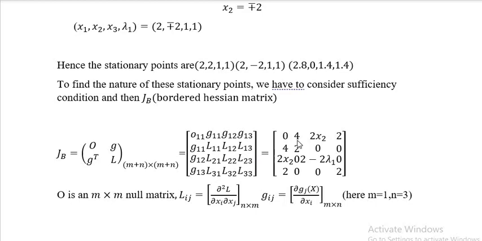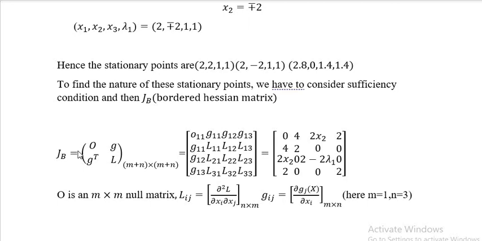O is an m by m null matrix, Lij equal to dou square L by dou xi dou xj and its order is n by n, and Gij equal to dou gi of x by dou xj, of order m by n. In the given problem, m equal to 1 and n equal to 3, and we can find the values of Gij and Lij accordingly.